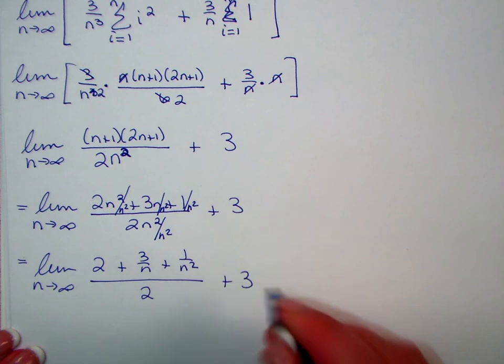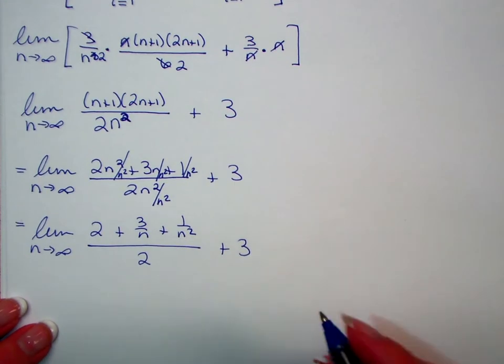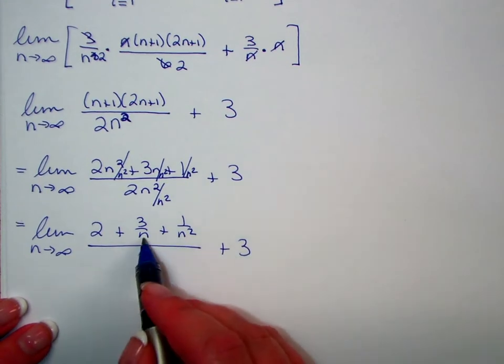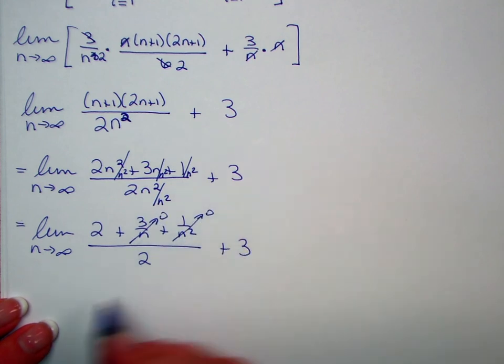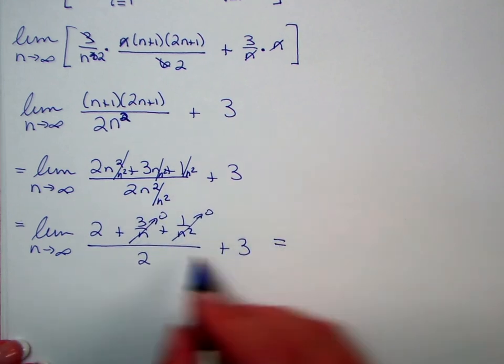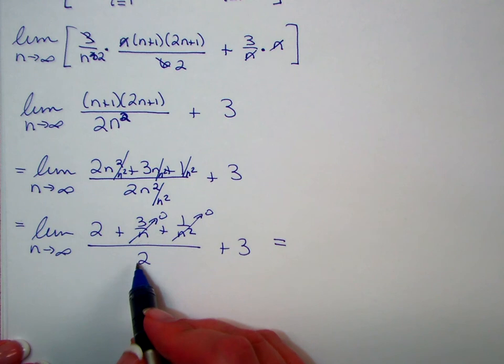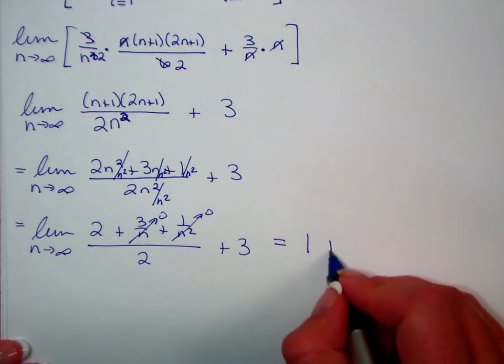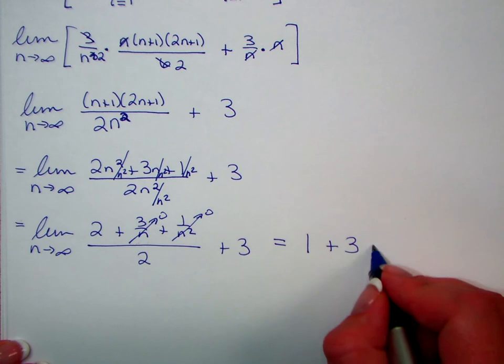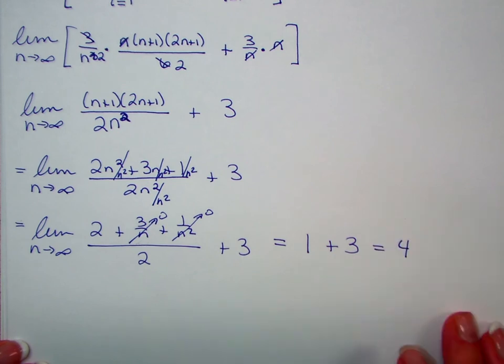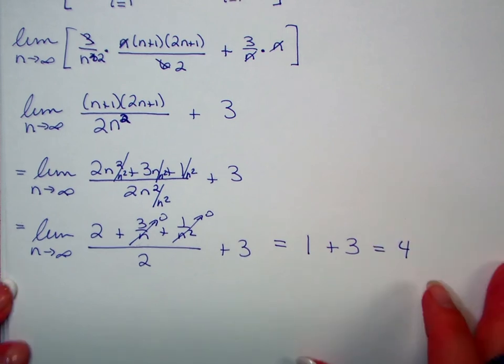Remember, everything left over n is going to go to 0 as n goes to infinity. This is going to go to 0. This is going to go to 0. So we end up with 2 over 2, which is 1. And then the limit of a constant is just a constant. And so we get a final answer of 4.